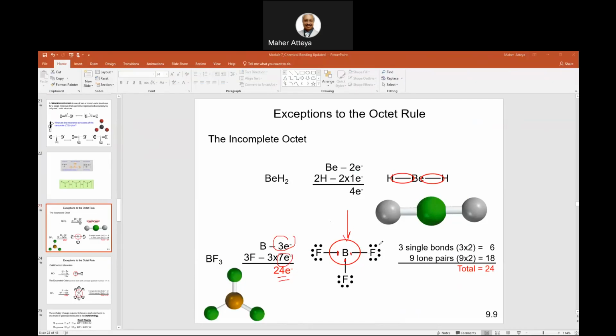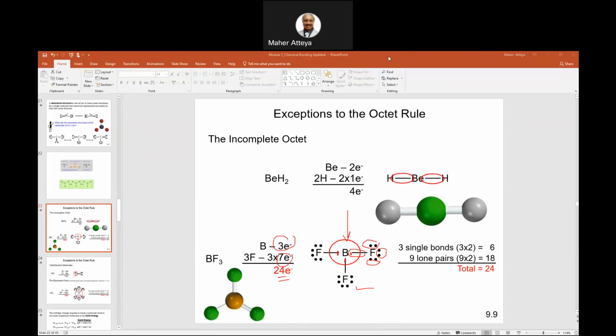Now for the fluorine, yes, there is an octet rule: 2 here, 2 here, 2 here, 6, correct? And the one bonding set, 8. So fluorine is okay, the octet rule is there, but for boron, an exception. Boron does not have it. And when it comes to the octet rule, always the central atom. We don't consider the terminal atom, always the central atom itself.